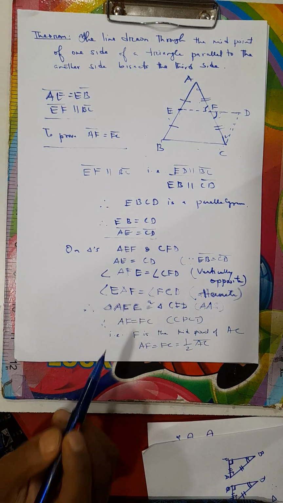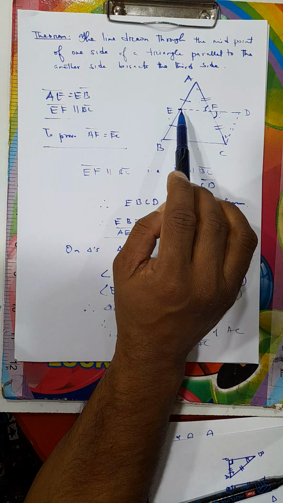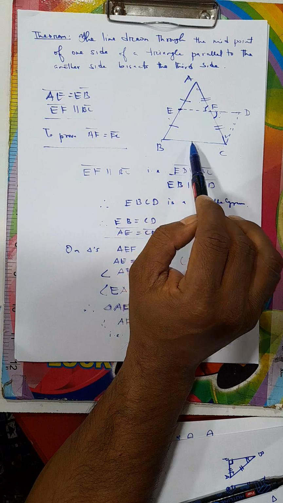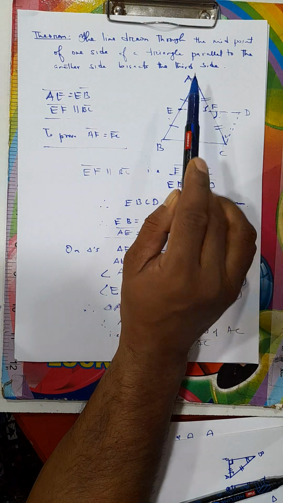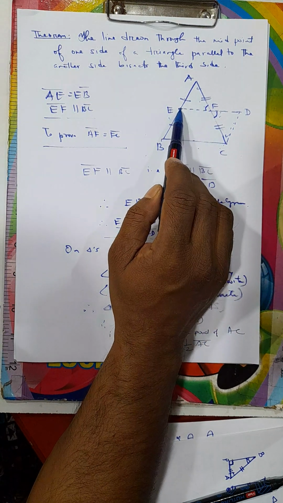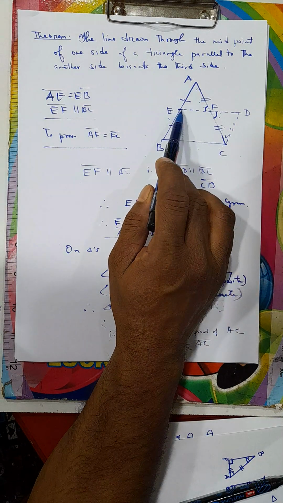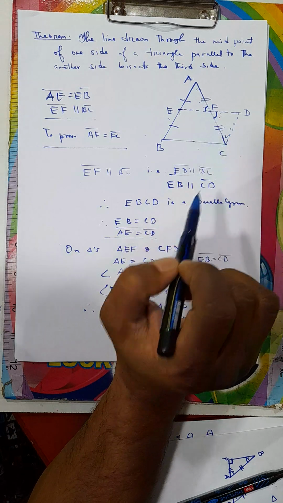So what we proved here: the line segment drawn through the midpoint of one side of a triangle parallel to another side bisects the third side. We are drawing EF parallel to BC and E is the midpoint of AB. So this line EF will bisect AC. That means AF equal to FC.